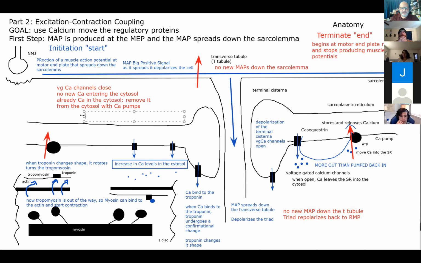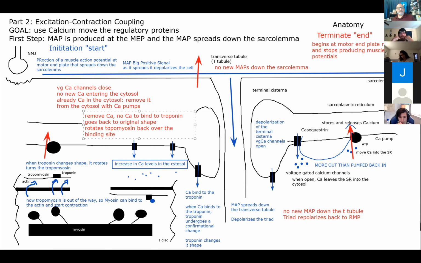And when we remove the calcium, there's no calcium to bind to the troponin. So what happens to troponin? Covers back up the actin. Well, you're right. First, the troponin goes back to its original shape. But you're right. When it goes back to its original shape, it rotates the tropomyosin back over the binding site. This is way too big for this space.